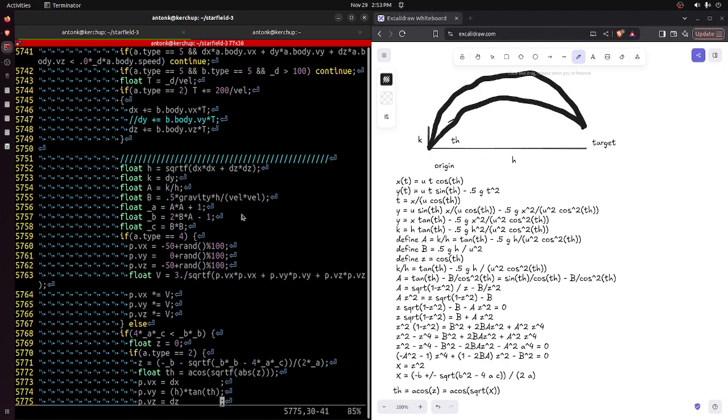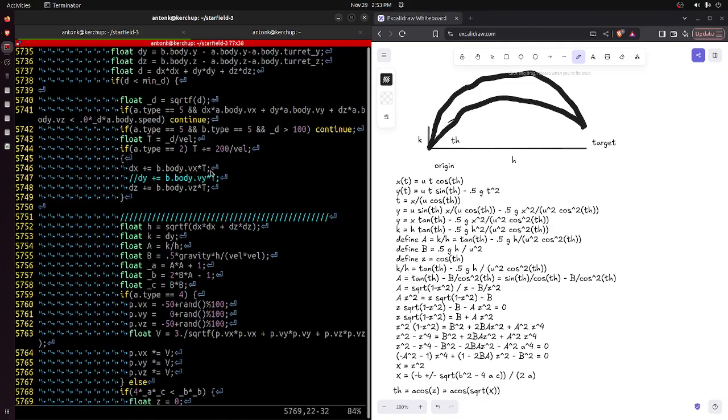So let's say the target is moving, right? And by the time your projectile reaches this position, the target will have moved. And if we assume that it moves at a constant velocity, then we have to correct for that.